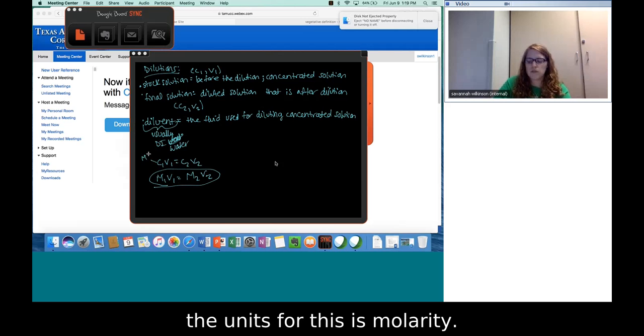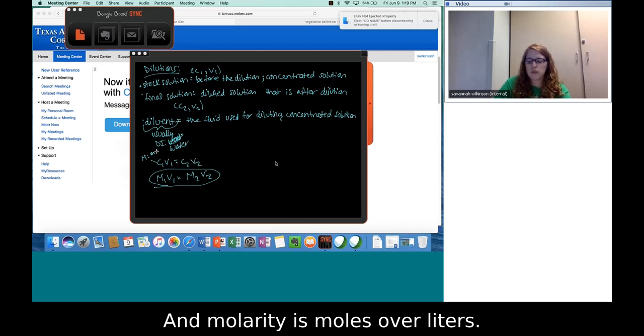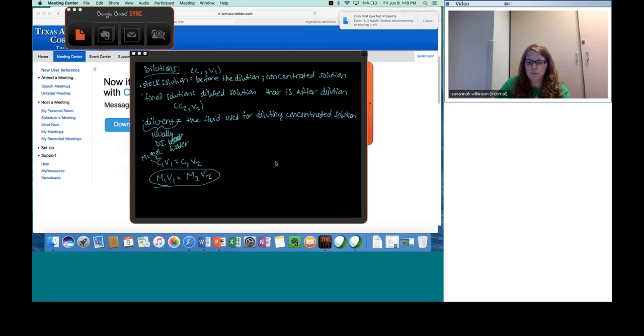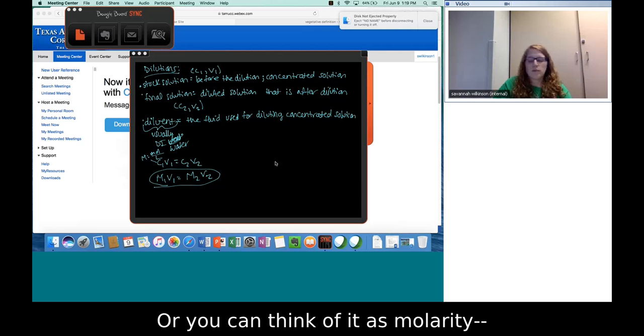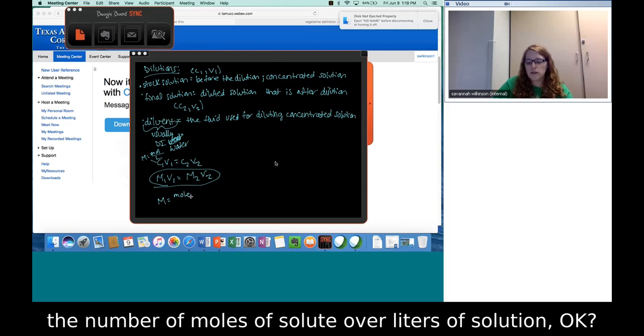Molarity is moles over liters, or you can think of it as the number of moles of solute over liter of solution. Okay.